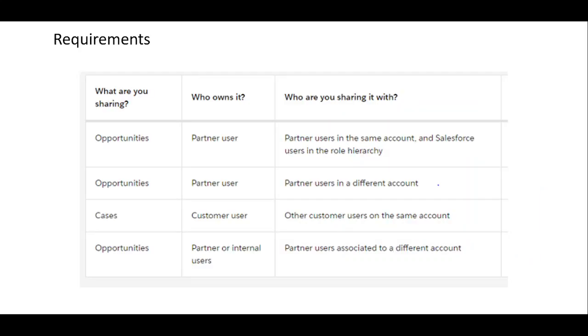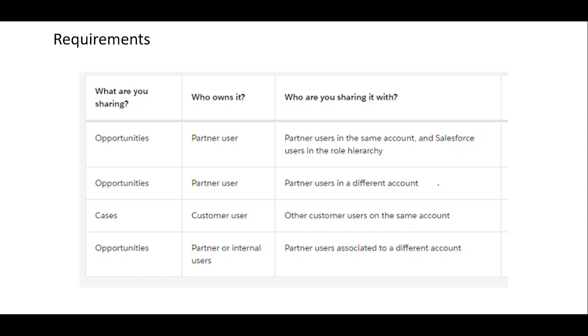Based on the knowledge we have gained in our last three videos, we should be able to answer these questions. So one is, what are we trying to share? An opportunity, and who owns it? A partner user. Who are you sharing it with? We want to share it with partner users in the same account and Salesforce users in the role hierarchy. If you remember, we have covered account roles and role hierarchy.